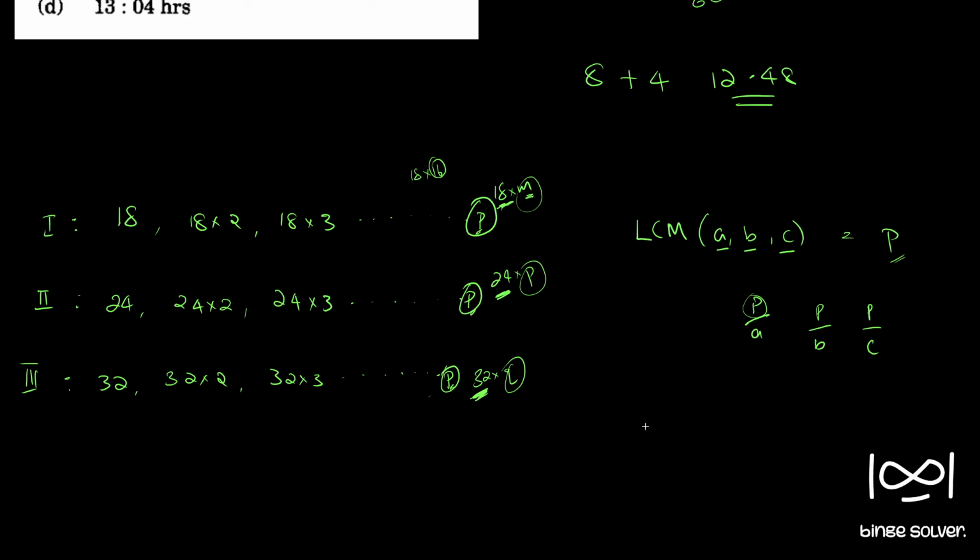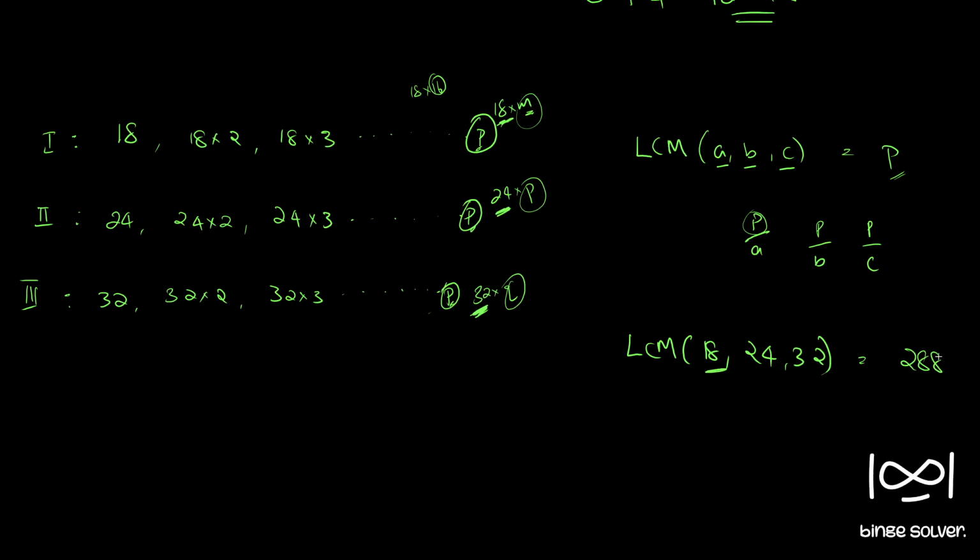So P will be in all three of these rows. That is why we just took the LCM of 18, 24, and 32, which we got as 288.